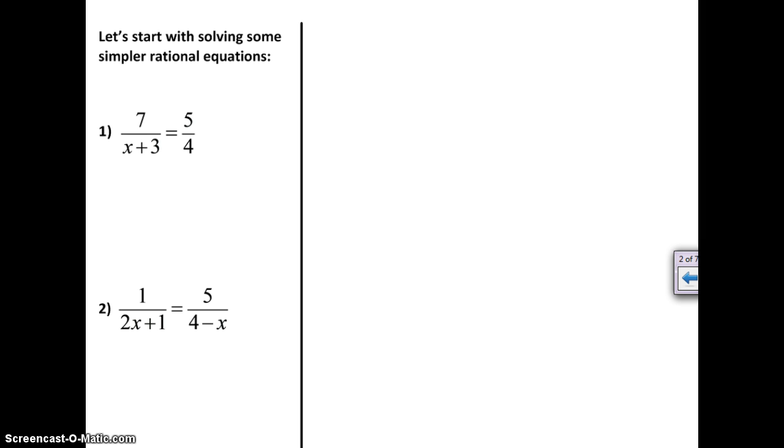You guys probably remember that anytime you have two fractions equal to each other, we solve by cross multiplying. So what I'm going to do is take the cross product being 7 times 4 is 28, and I'm going to equal it to the other cross product. So this is 5 times (x plus 3).